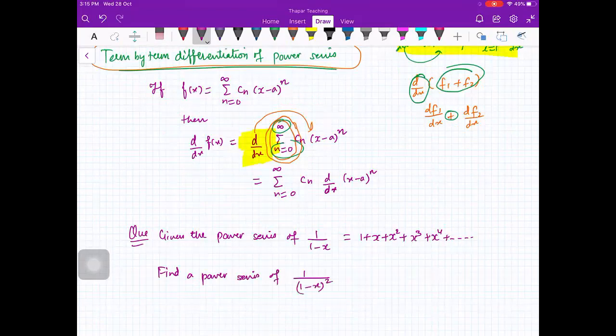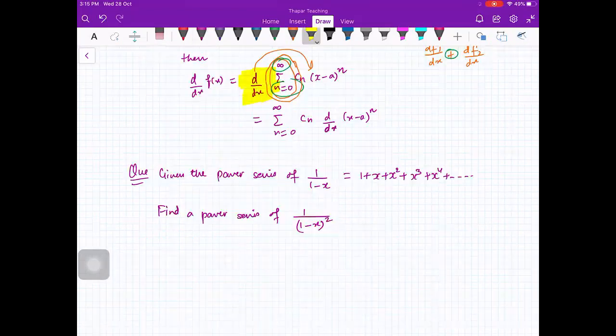Yesterday we saw that this power series you can get from binomial. Don't worry, in the next exercise we will learn how to write the power series for a general function without using binomial.